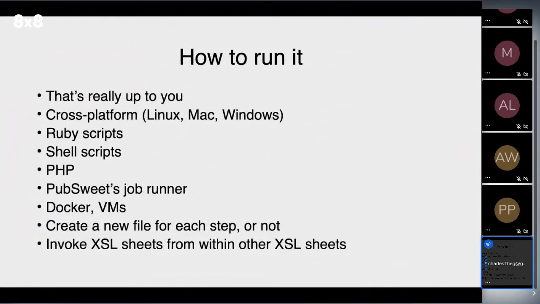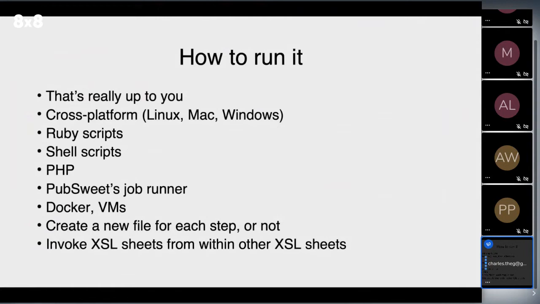How can you run it? It's really up to you. So as an XSL tool, and given that the goal of XSweet is for it to be flexible, there are many different options for how to run it. So it can be run on different types of machines.